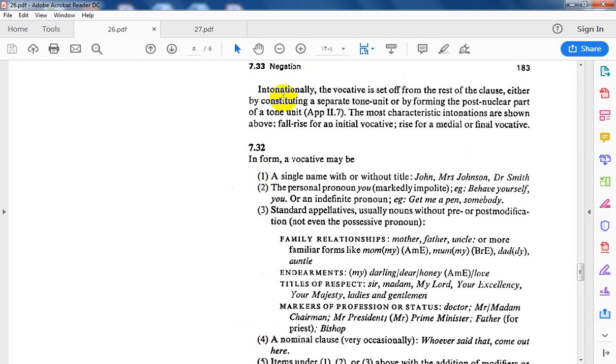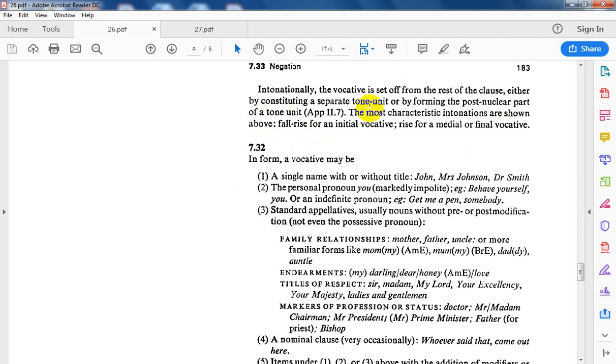What about intonation? The vocative is set off from the rest of the clause intonationally, either by constituting a separate tone unit or by forming the post-nuclear part of the tone unit.